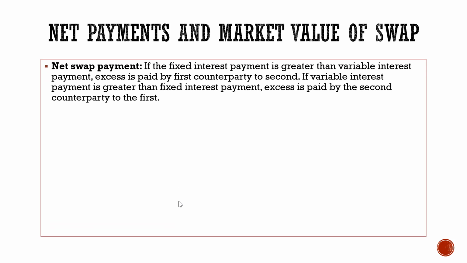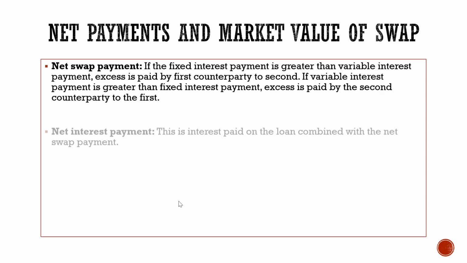If the fixed interest payment is greater than the variable interest payment, the excess is paid by the first counterparty to the second. If the variable interest payment is greater than the fixed interest payment, the excess is paid by the second counterparty to the first. That is the meaning of net swap payment.